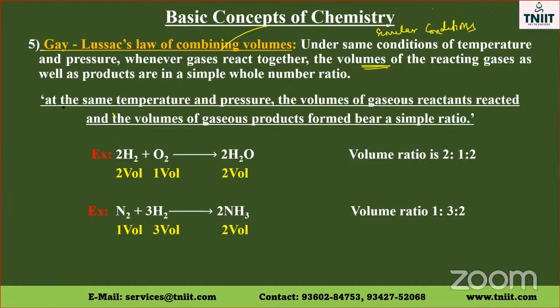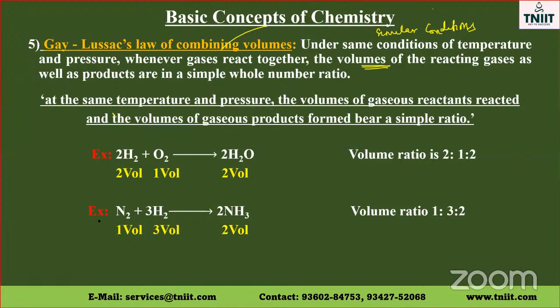So otherwise we can say at the same temperature and pressure, volume of gaseous reactants reacted and volume of gaseous product formed are in a simple ratio. So two ways we can state Gay-Lussac's law of combining volume. At similar conditions of temperature and pressure, when gases do combine with each other, they combine in terms of volumes in simple ratio.